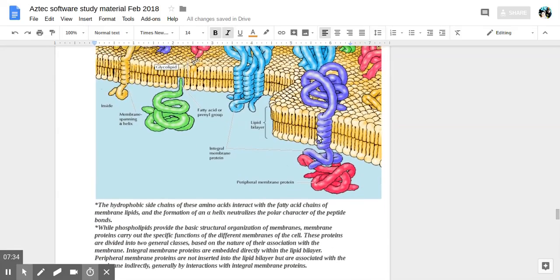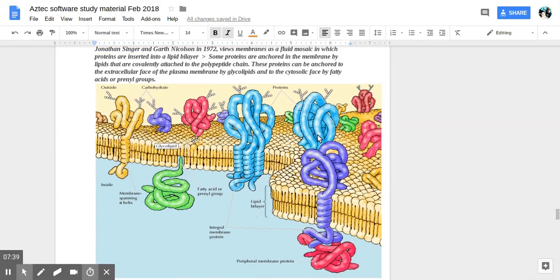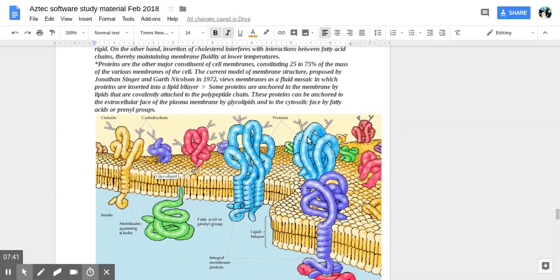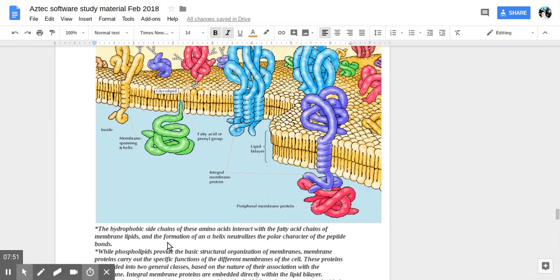The hydrophobic side chains of these amino acids interact with the fatty acid chains of the membrane lipids. Formation of an alpha helix neutralizes the polar character of the peptide bonds.